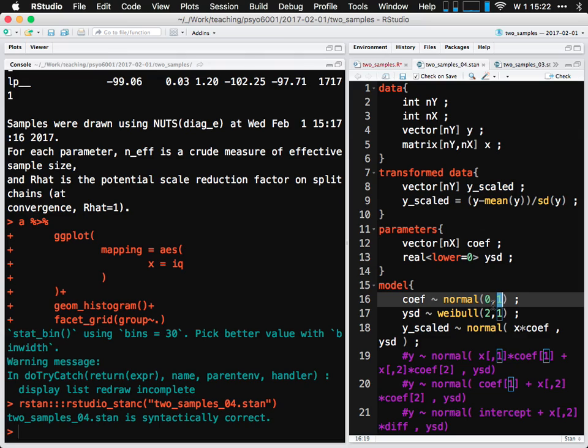Sorry, just to clarify, the reason this works is that we have the assumption that there's a Gaussian distribution in the population. Yeah, that's what this bit is about. It's saying the population is Gaussian distributed. Each group has its own mean, but there's Gaussian error around that mean.